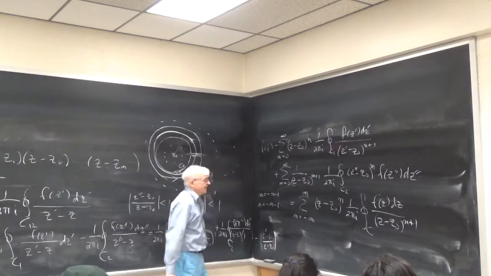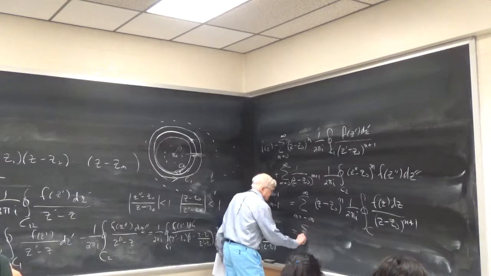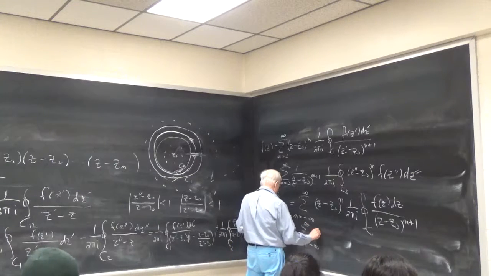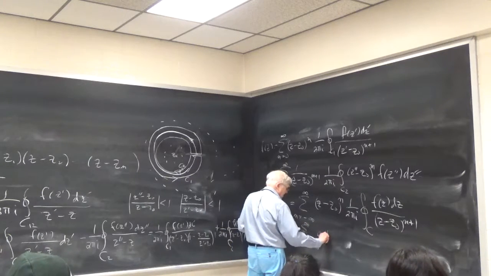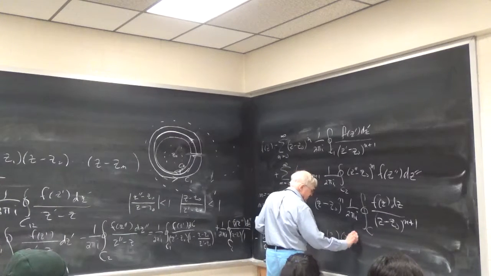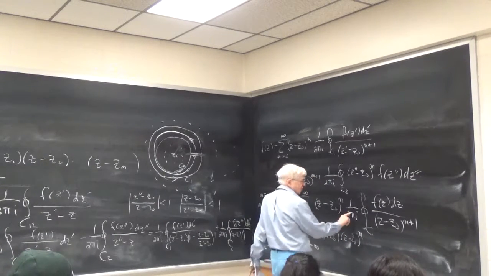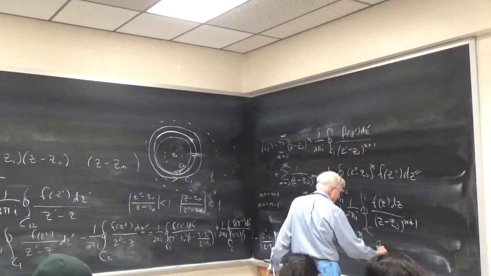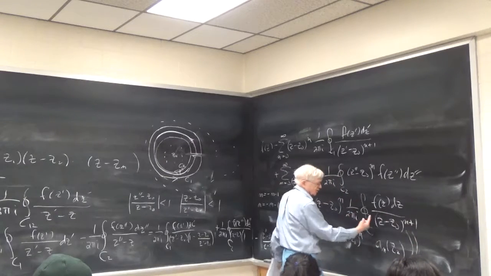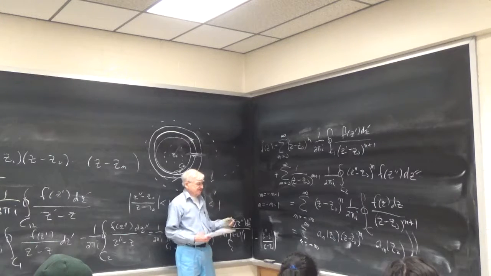And so that means we can, if we want, write this as n equals minus infinity to plus infinity. It's often written as a sub n of z0, z minus z0 to the n, that's this term. The a sub n of z0 is what's left over, namely a sub n of z0 is equal to this 1 over 2 pi I times this integral. This is called a Laurent series.